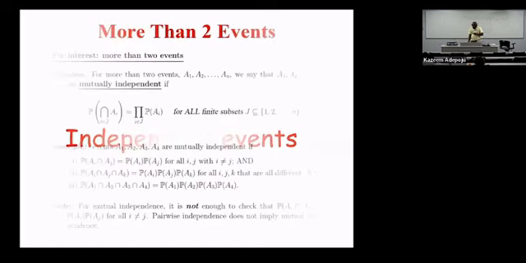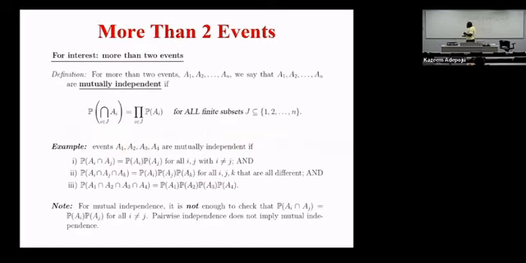Take a look at this now. Yesterday, I walked you through two events. When you have two events and they are independent, two events are said to be independent if this equals this.